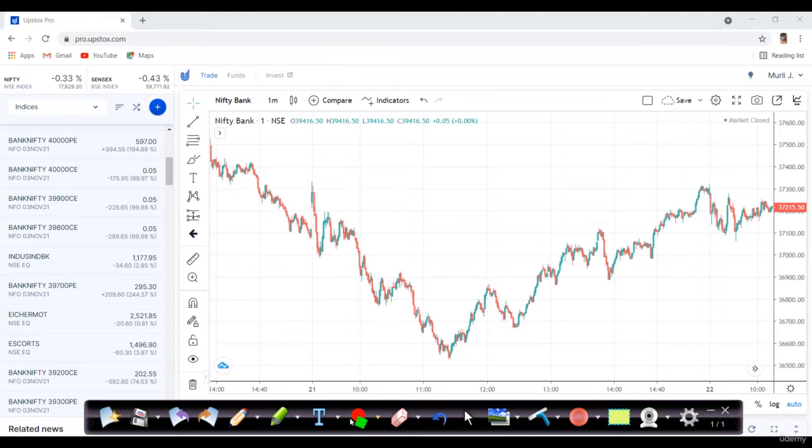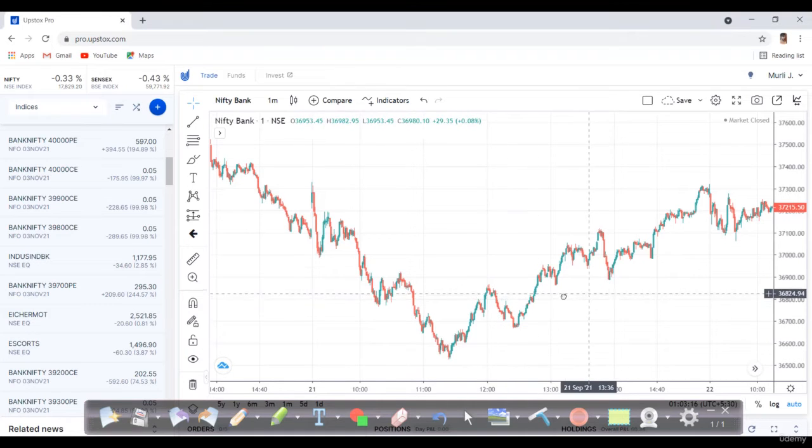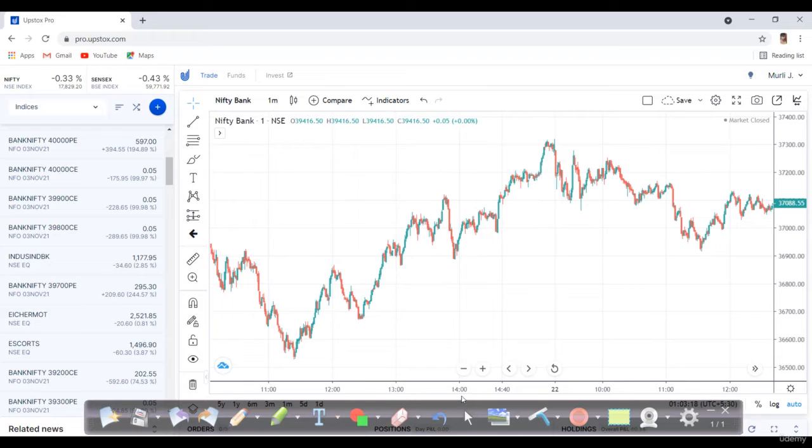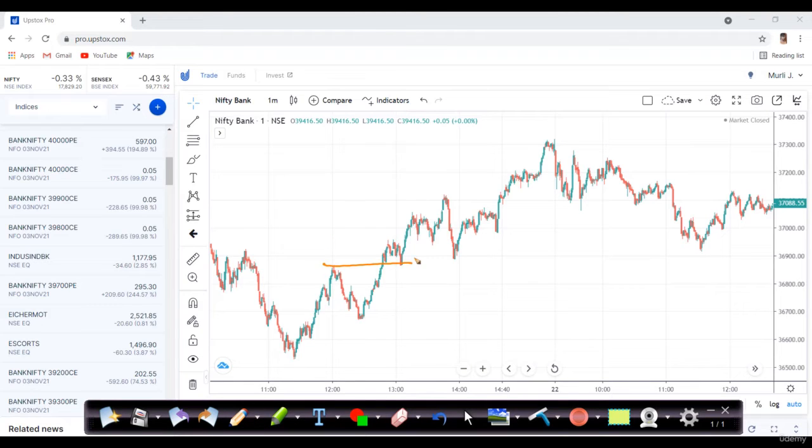If you observe, the market moved a lot once it broke this inverted head and shoulder, from almost 36,800 to 37,300, which is almost 500 points.